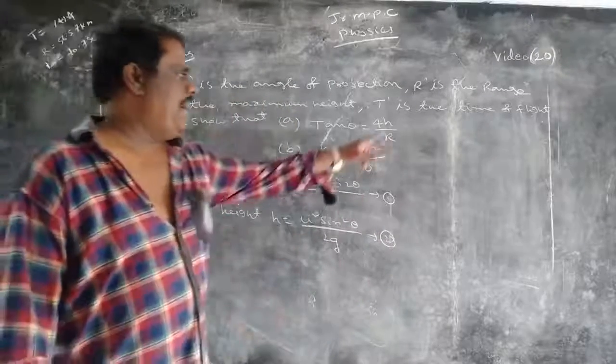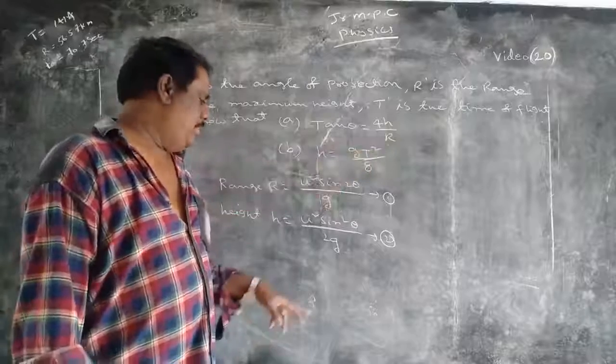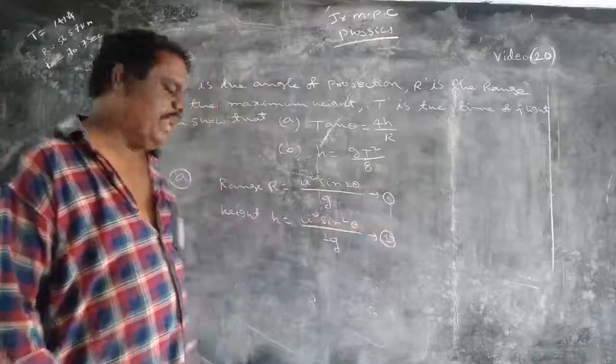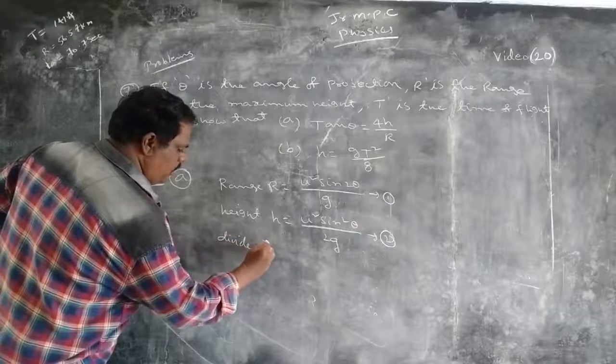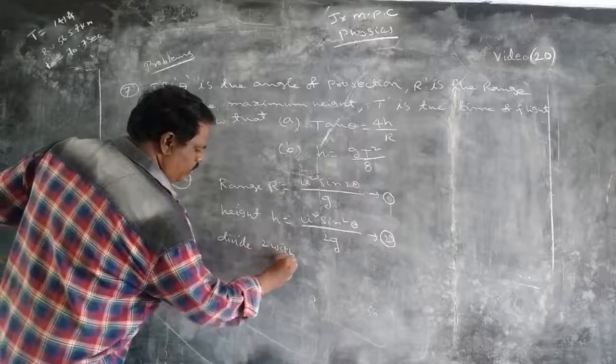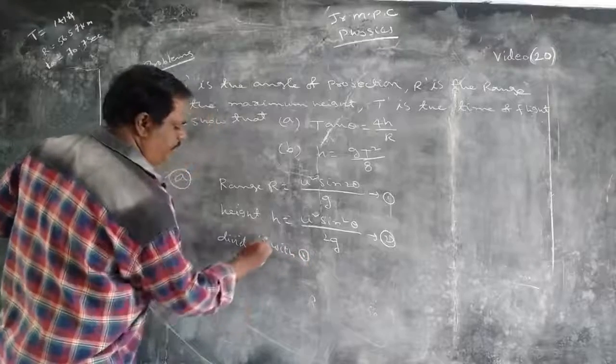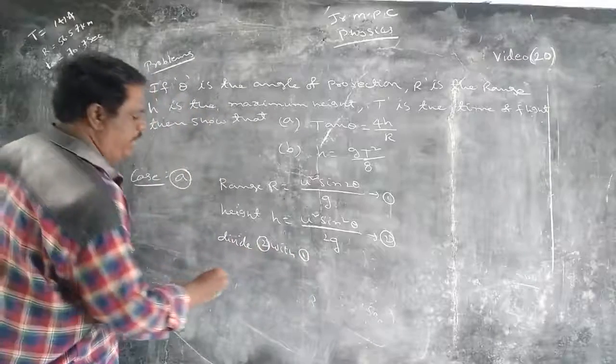So the h by r ratio we have to calculate. That means divide equation 2 with equation 1. What is going to happen?